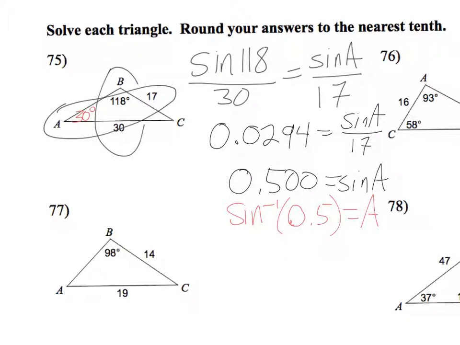Okay, I'm going to use the fact that in a triangle we need 180 degrees to figure out angle C. So 180 minus 30, we've got 150 left. Minus 118 is going to be 32.